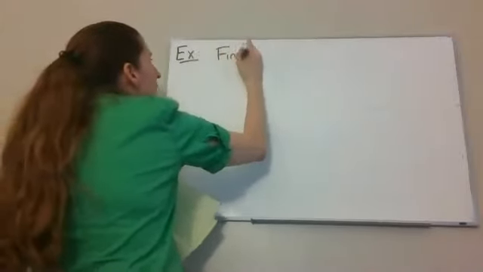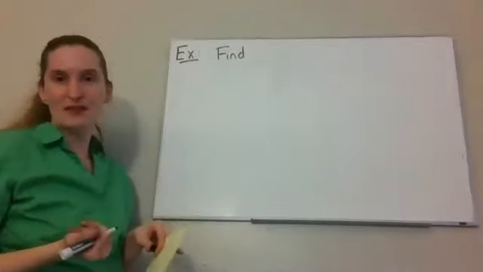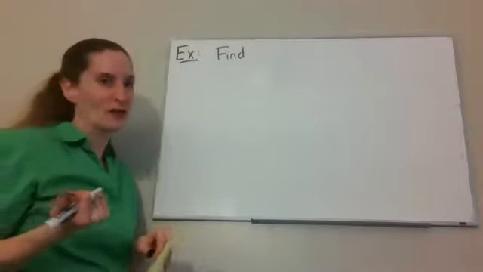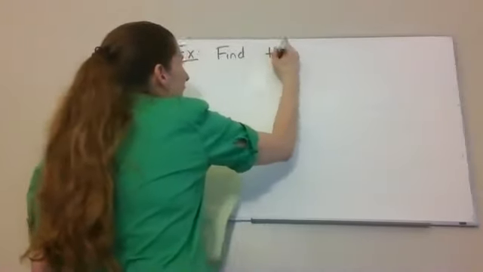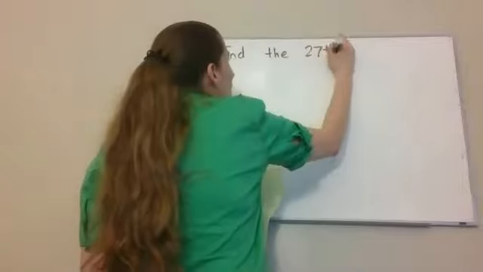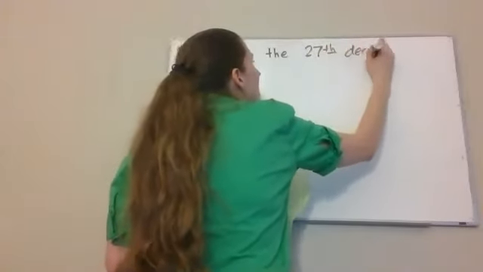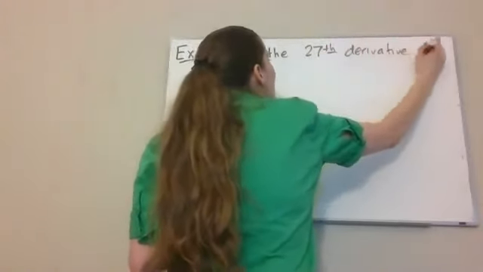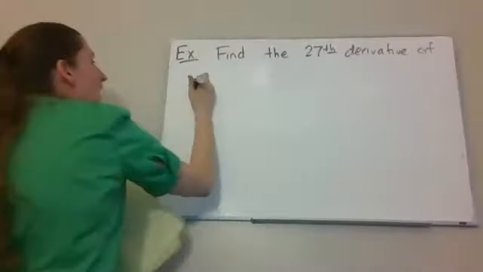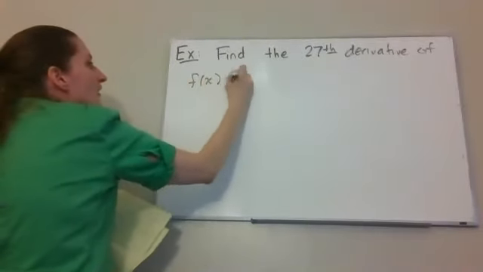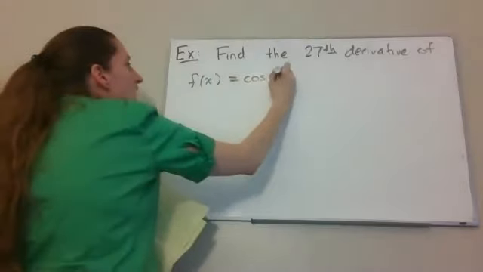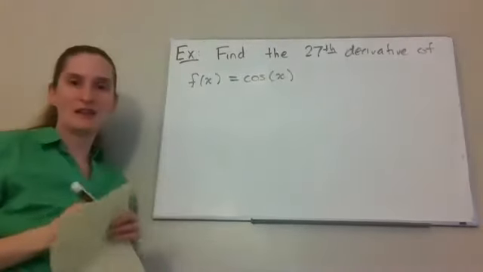But we're going to have some fun. We're not going to find the second derivative, third, or even fourth derivative. We're going to find the 27th derivative of f of x equals cosine of x.